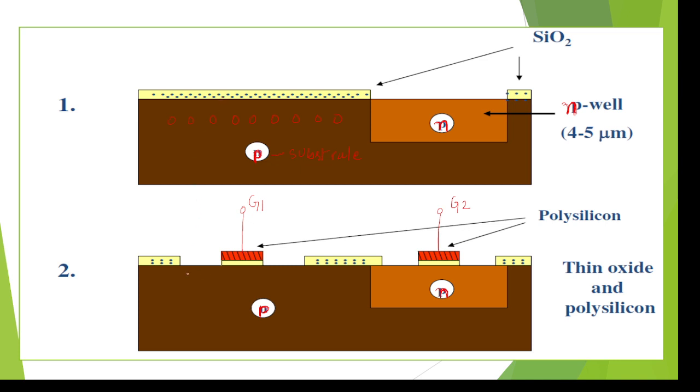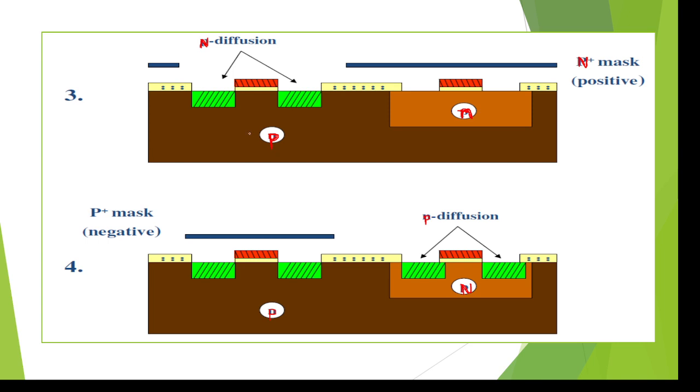In the third step we are going to design the left side transistor, that is, source and drain terminals need to be designed. Since it is already a P substrate having holes, there is only one option: we can design an NPN transistor. For that, by heating this material we are diffusing electrons into the P substrate, the mother substrate, by using a mask. The mask is used to stop the UV rays where diffusion is not required.